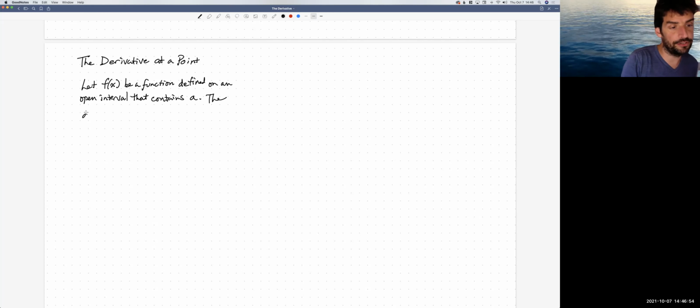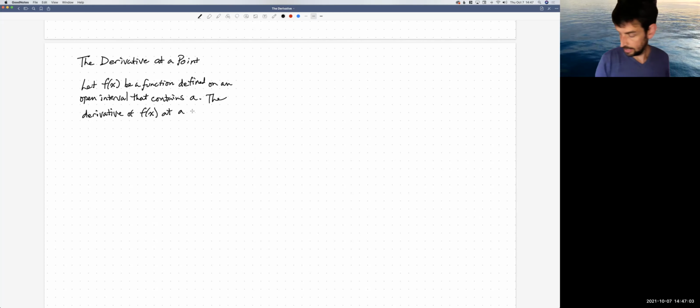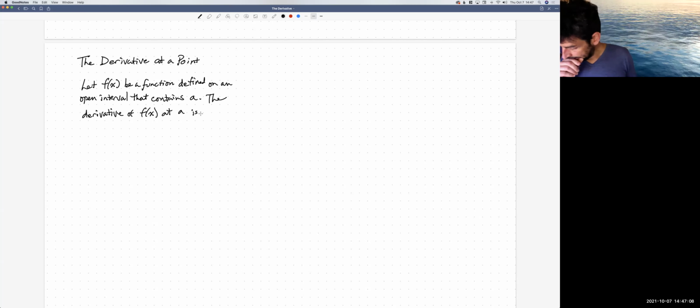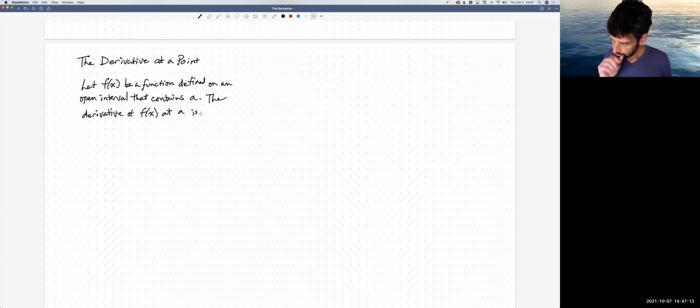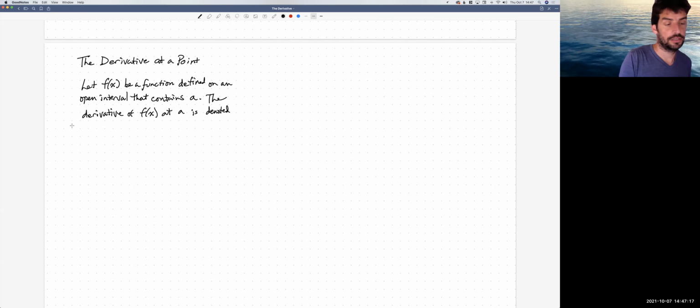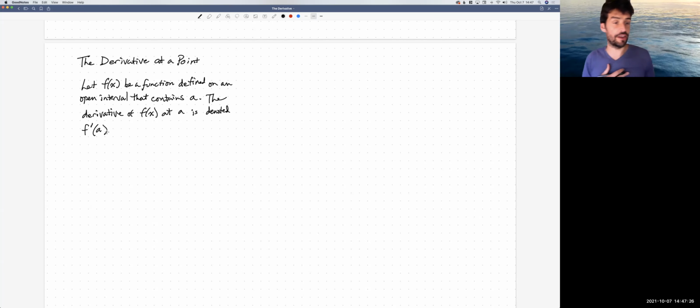The derivative of f of x at a is denoted f, so we put a little apostrophe, we say f prime of a, or the derivative of f at a, right?